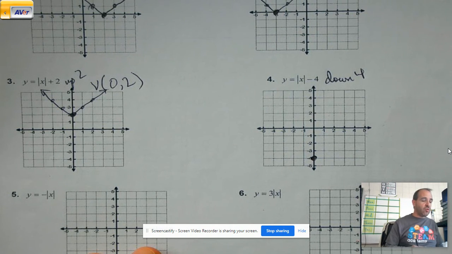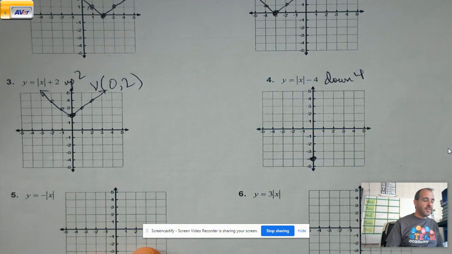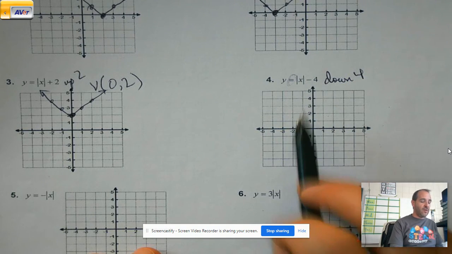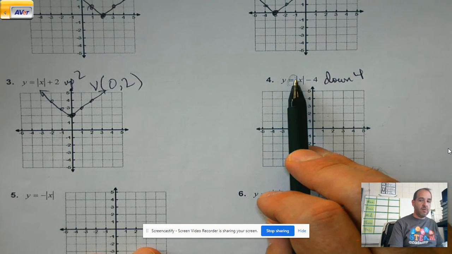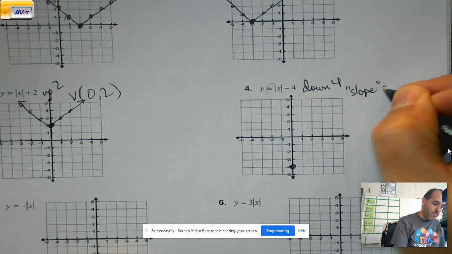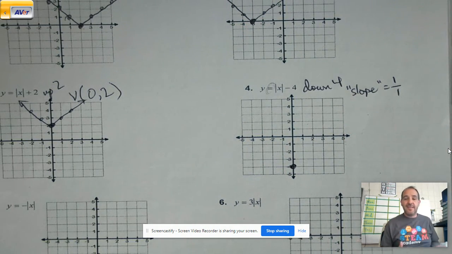My air quote slope is just going to be the number in front here. Well, again, if there's no number, my air quote slope is just going to be 1, just like it is if it's y equals x. It's 1 over 1.